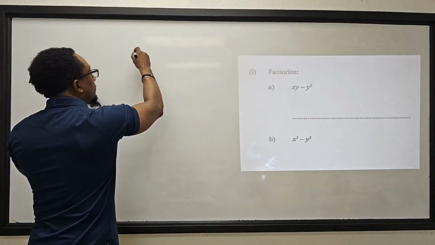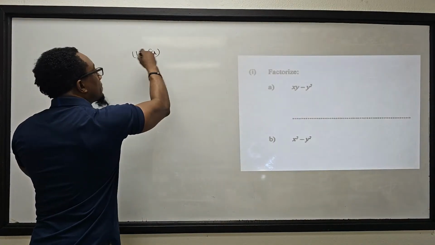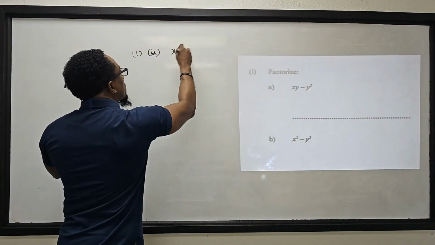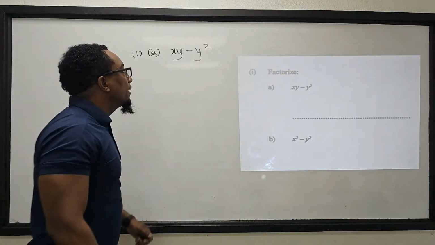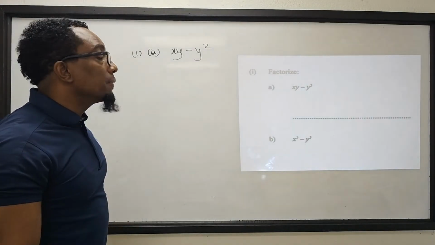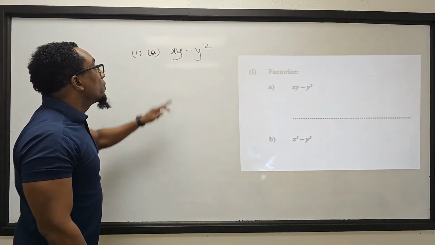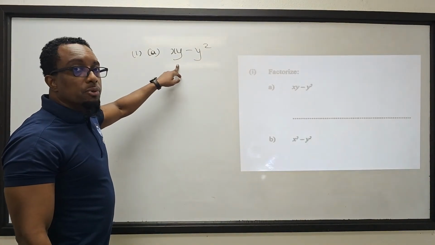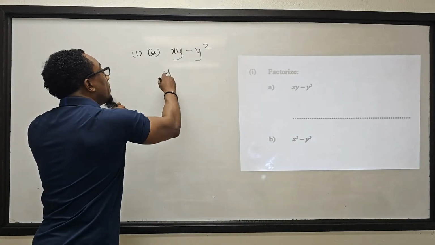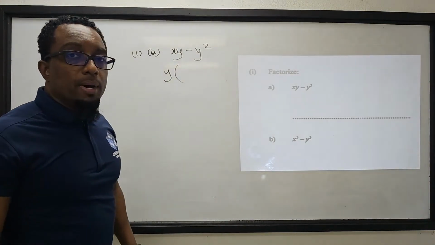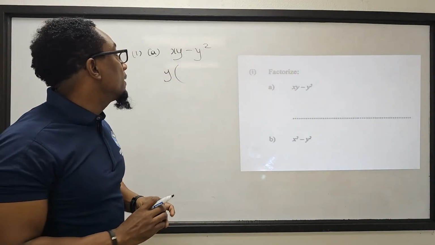1. Part A, factorize xy minus y squared. Clearly the method of factorization we're going to use there is the method of the highest common factor. If we look, y is common to both, so I'm going to take out y with the lower power, y to the power of 1, that's the only highest common factor there.